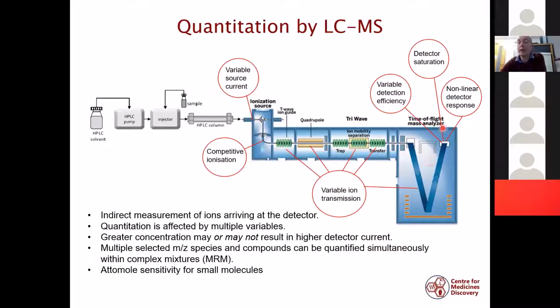When they reach the detector, there is again variable detection efficiency depending on what those ions are. You can see saturation of the detector, and you can also see a nonlinear detector response. So there are a whole range of instrument variables that will affect the efficiency of measurement. What that means is the greater concentration of your sample may or may not result in a higher detector current.